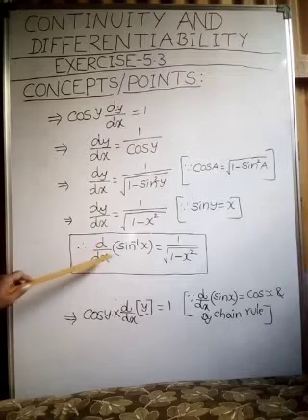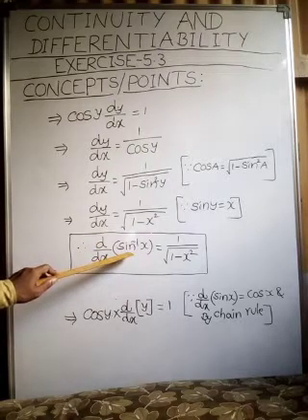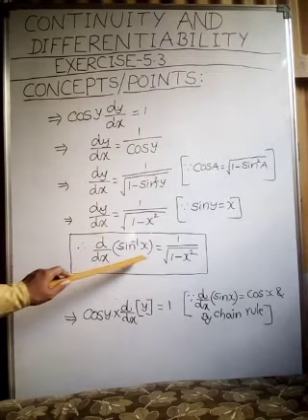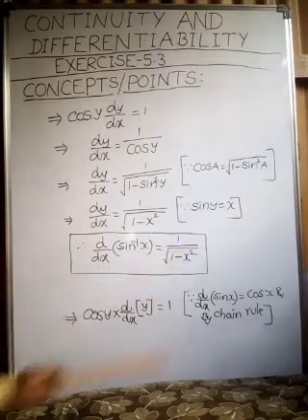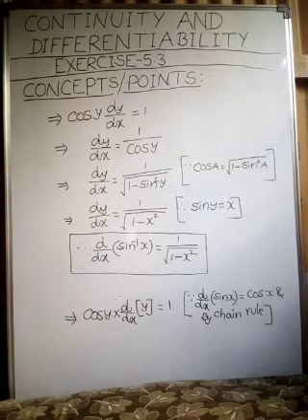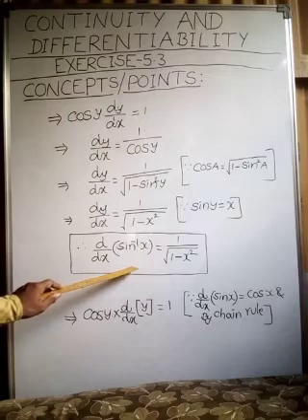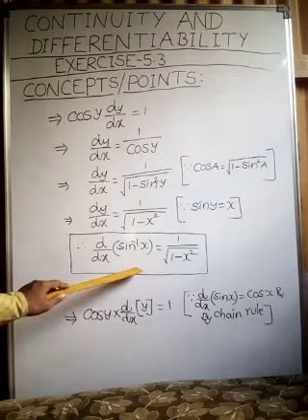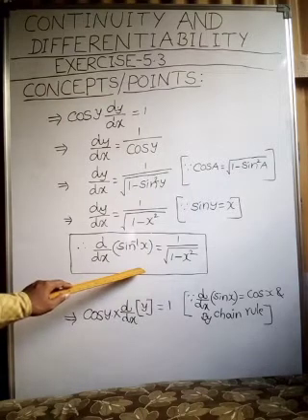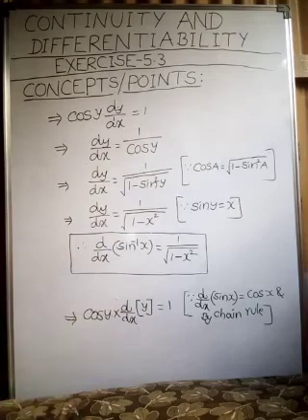Therefore, d by dx of y means d by dx of sin inverse x is equal to 1 by root of 1 minus x square. This is the inverse trigonometric functions derivative formula. Remember these formulas, derivatives of inverse trigonometric functions.